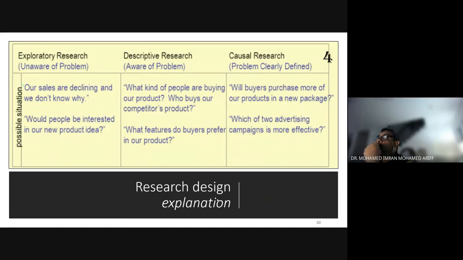Okay, causal. Will buyers purchase more of our products in a new package? Okay. So kalau kita packagekan sandwich kita dalam bentuk yang lain, adakah orang akan beli? So now, we are not worried about the sales. We are now worried about kalau kita letak dalam tempat lain. Which of the two advertising campaigns is more effective?